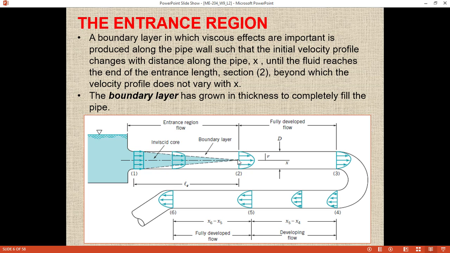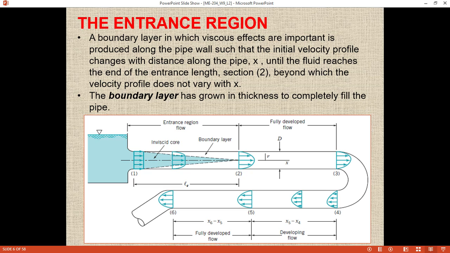Okay, so this boundary layer is basically the layer where the viscous effect is dominant. And this region is called the inviscid core. Inviscid, you understand, means the fluid is not viscous.